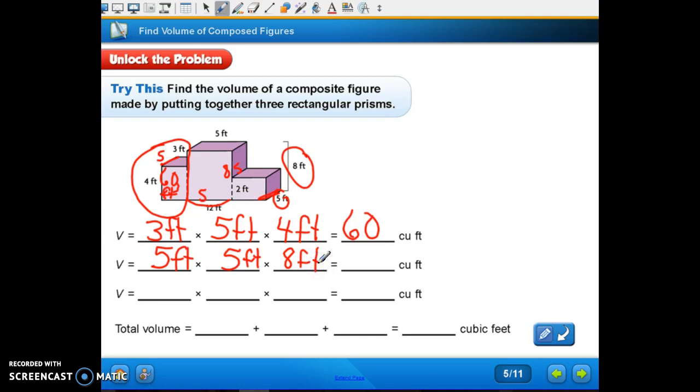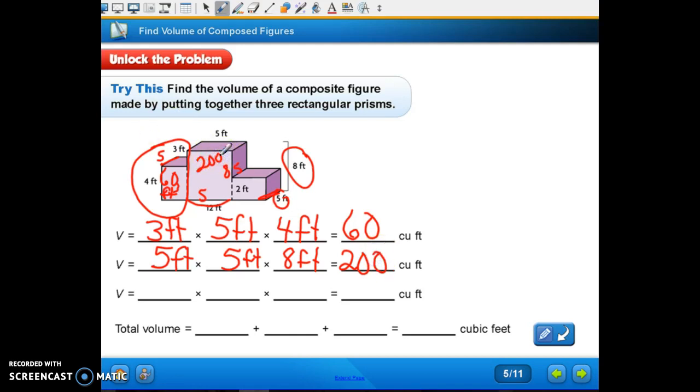So 5 times 5 is 25. Times 8 is 140. Nope. No. If I have 25 cents times 8, how much money do I have? $2. So it's 200 cubic feet.